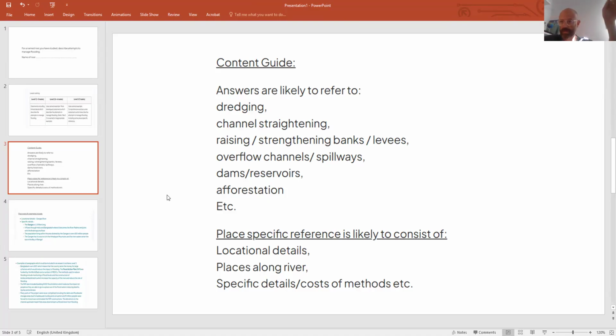Okay, levees. We know that levees can be natural, a natural process of flooding, but humans can also construct artificial levees. Overflow channels, perhaps more soft engineering, where you divert high flood waters coming down a river quickly, you divert some of it into an area that you're going to allow to flood naturally.